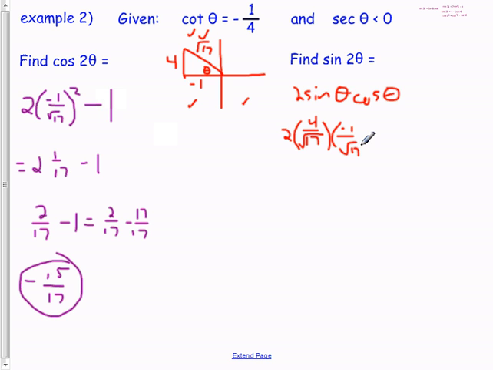And again, in this instance, I wouldn't rationalize until later, because here, root 17 and root 17 are going to multiply, and they're going to become 17. So again, if I would rationalize, it would cause me a bunch of extra work. So when I multiply it all together, I get negative 8 over root 17. Oops, no root. I just said that, and I still messed it up. Negative 8 over 17. No more simplifying to be done, so that's my answer.